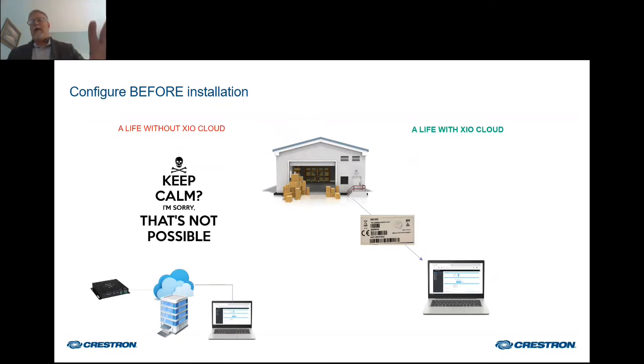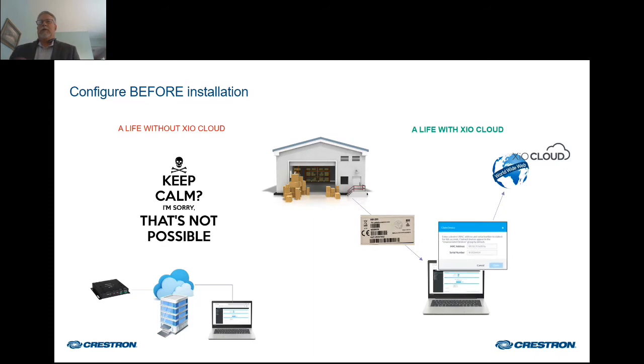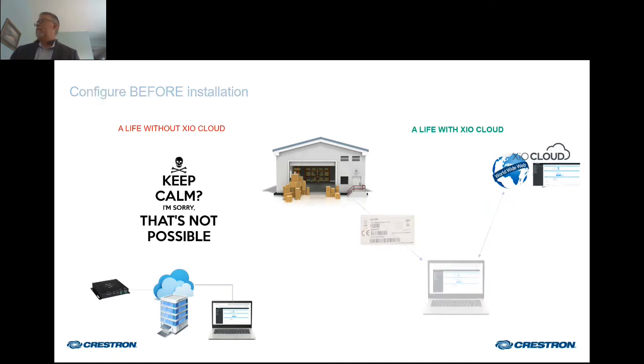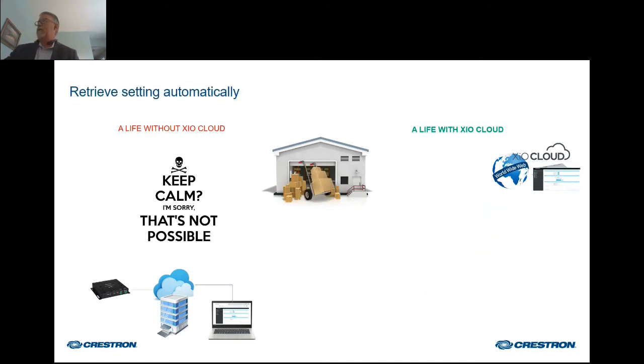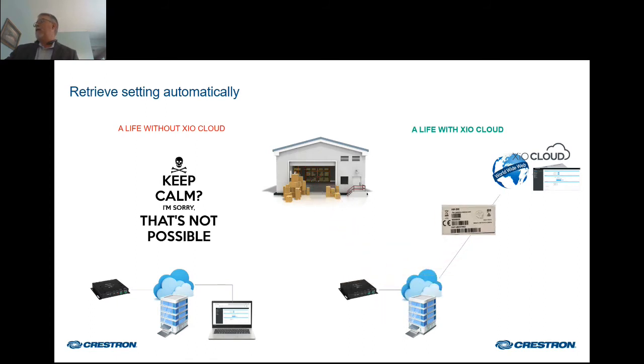You apply that to the configurations of your AM200, the new ones that are on the truck, and that goes out to the cloud, and it sits there till you plug it in on campus. Then you plug in your AirMedia device, physically install it, and now it says, hey, I'm here, I'm available.